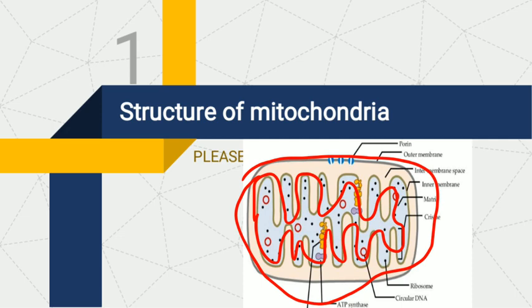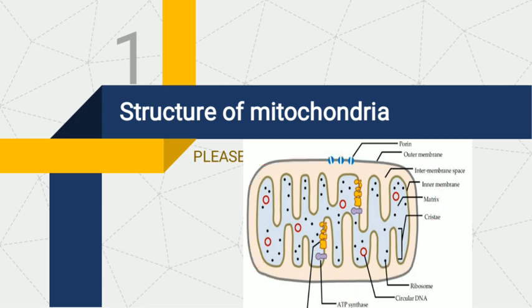Also, there's some material inside. You can see that there's the outer membrane, the inner membrane that is folded, and you can see that the inner membrane is folded to form structures known as what? Known as cristae.